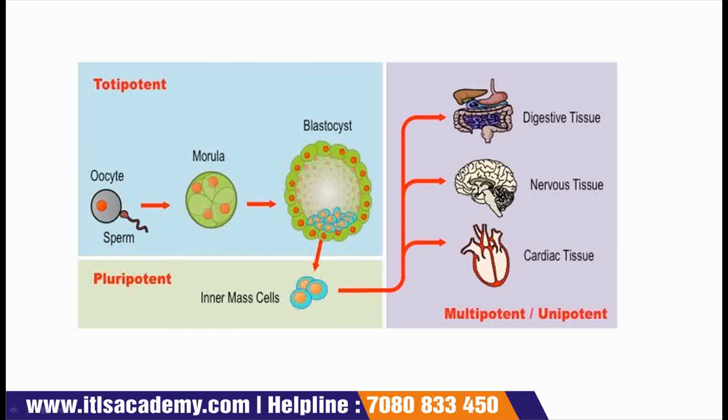So the zygote is a totipotent cell that can form the entire body, with the ability to form any cell of the body. So we can say that totipotent cells can form each and every cell of the body.